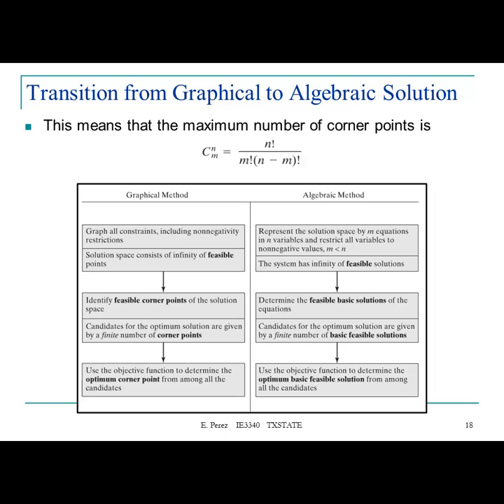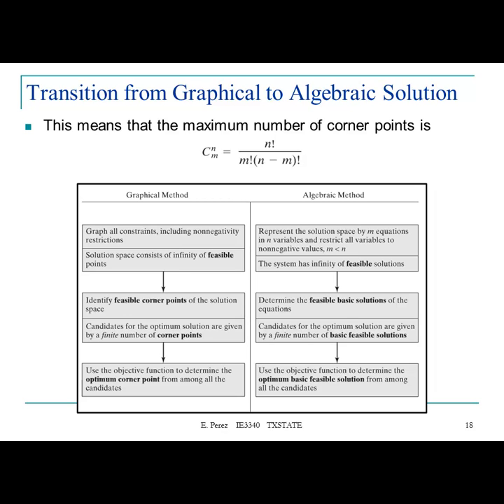So remember, we were drawing this blue line, the isocost or isoprofit line, using the objective function. And then we move that line that is coming from the objective function in order to find our optimal solution. So that's what this box here is telling you. You use the objective function to determine the optimal solution for your problem.